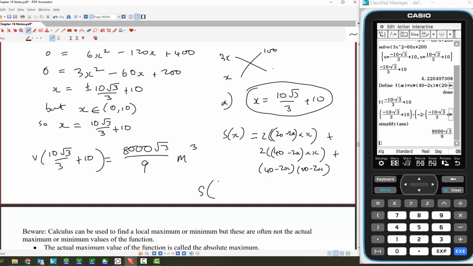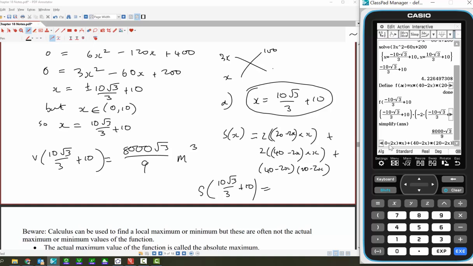So S of 10 root 3 on 3 plus 10 equals, and what I would do is type in the formula, so it's going to be 2 times 20 take 2x times x plus 2 times 40 take 2x times x. Let's just see, do I have enough brackets? Can never get enough brackets. Plus 40 take 2x times 20 take 2x.